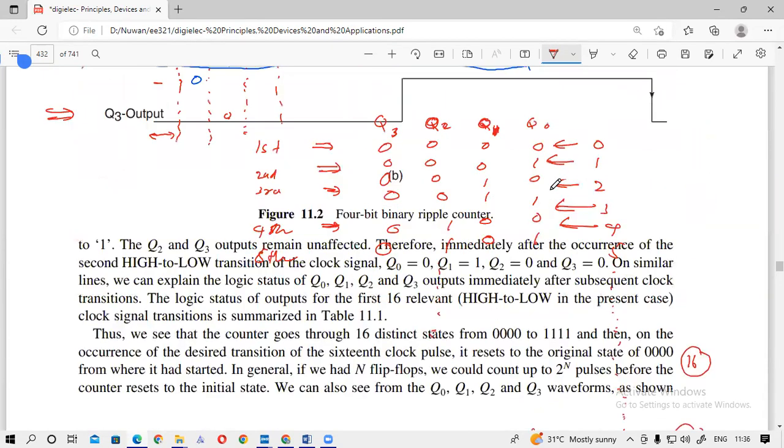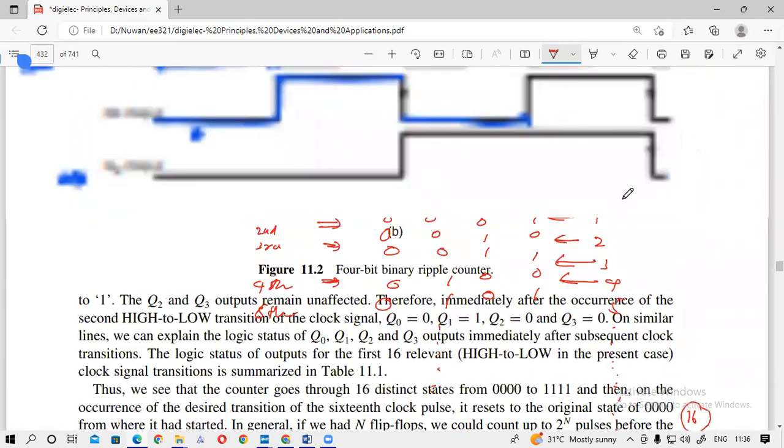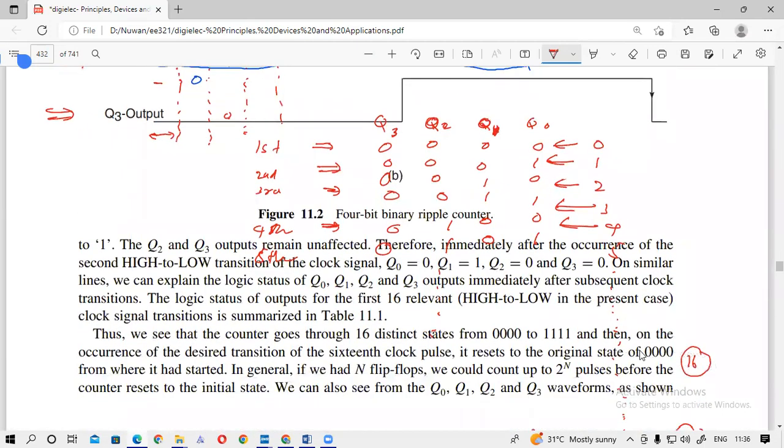The number of values will be 16, but finally you have 15. From 0 to 15, so 16 combinations are there. Is that clear?